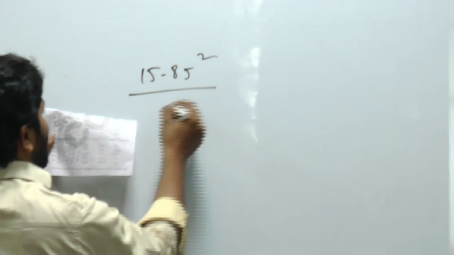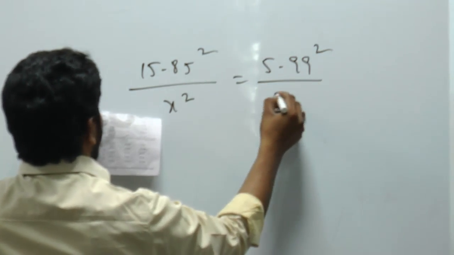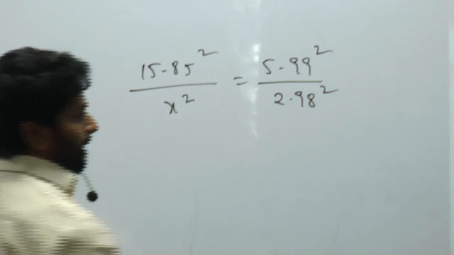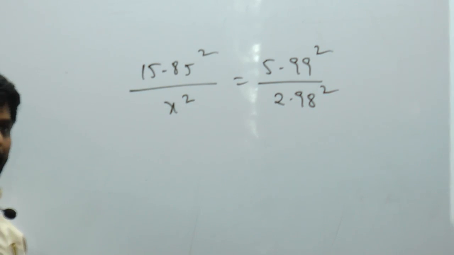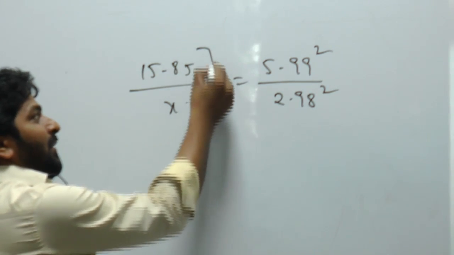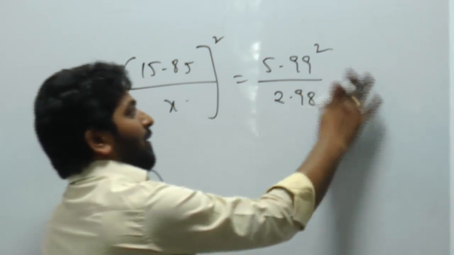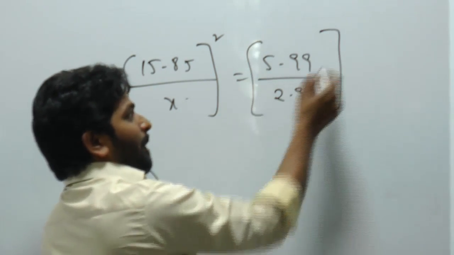15.85 whole square by x square is equal to 5.99 whole square by 2.98 whole square. Okay? Can I write it like this? This also I want to write it like this.